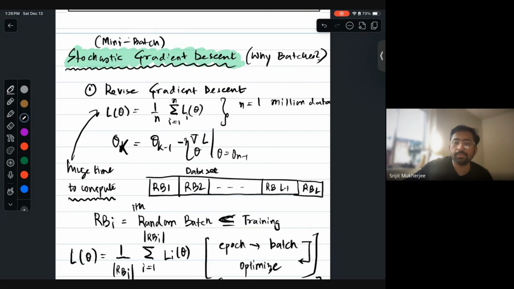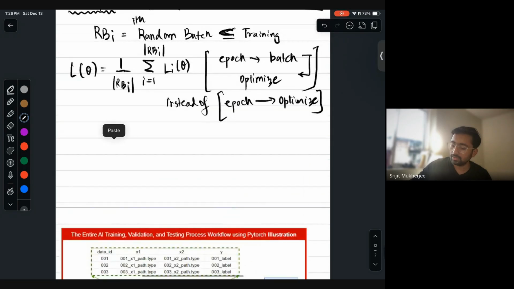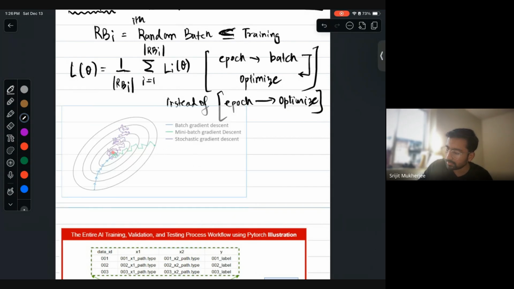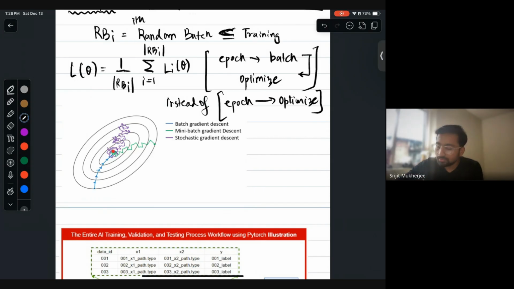So you can see, let's copy an image. You can see that for batch gradient descent, it was smoother. For stochastic gradient, since it's one by one, it was like this. But you observe that the basic idea is on average, it goes to the same region, but there's random error.